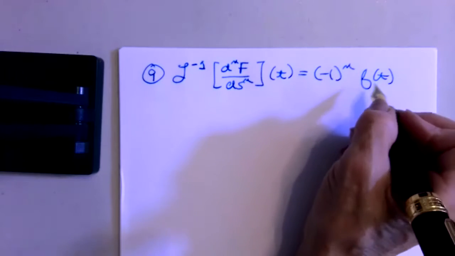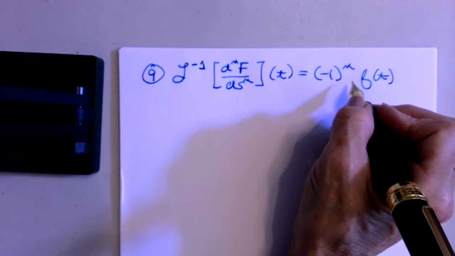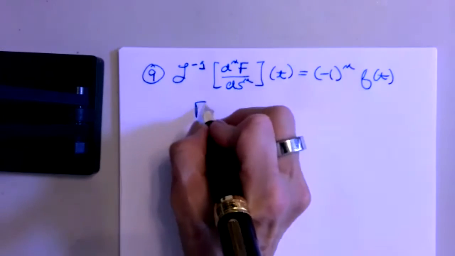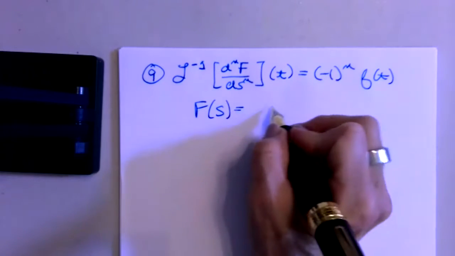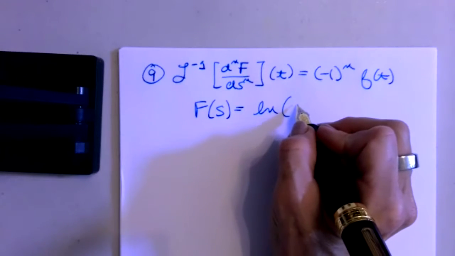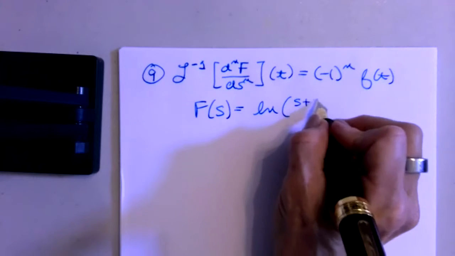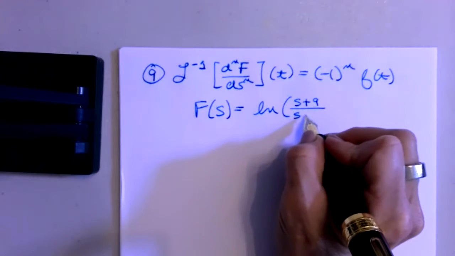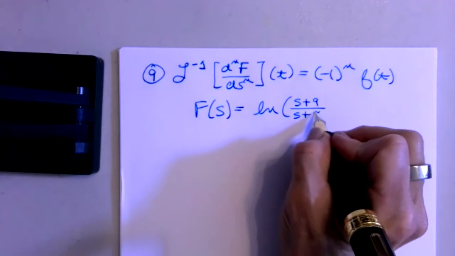Use this equation to compute the inverse Laplace transform of f, where capital F of s is ln of s plus 9 over s plus 5.